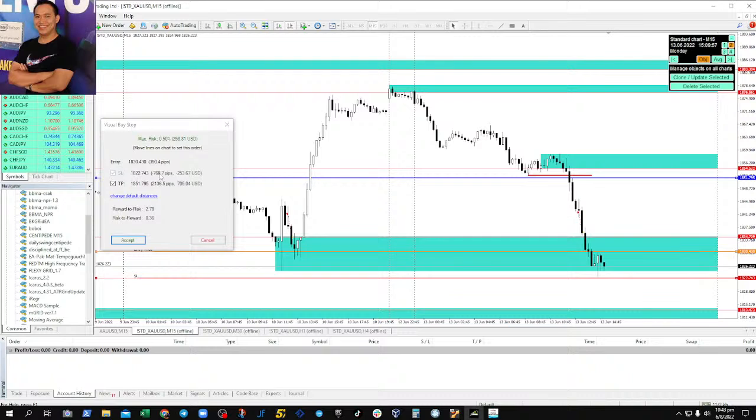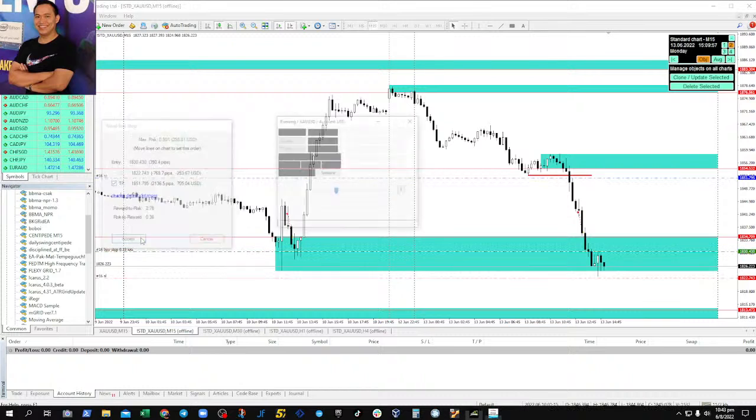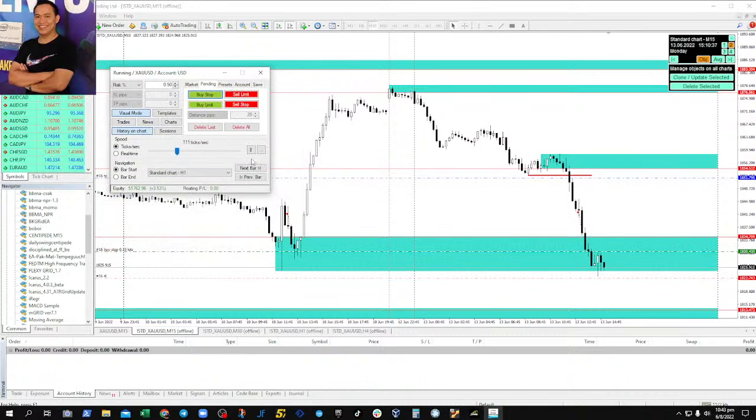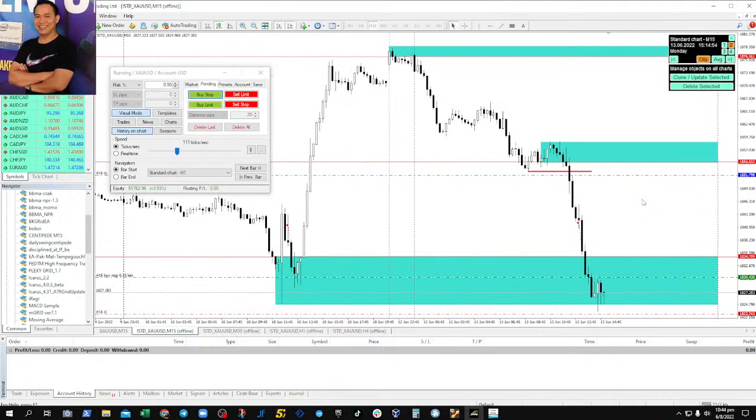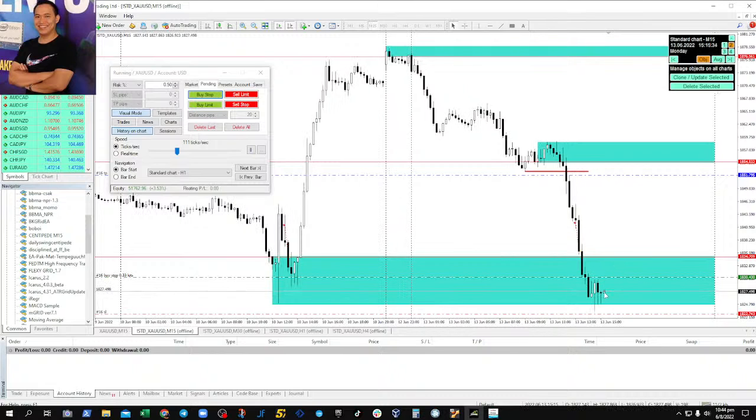My stop is 70 pips. That's a bit too much for the risk to reward. Okay. So let's just allow the price to do its thing. This is 70 pips, that's huge. As you can see here, it's still ranging there.